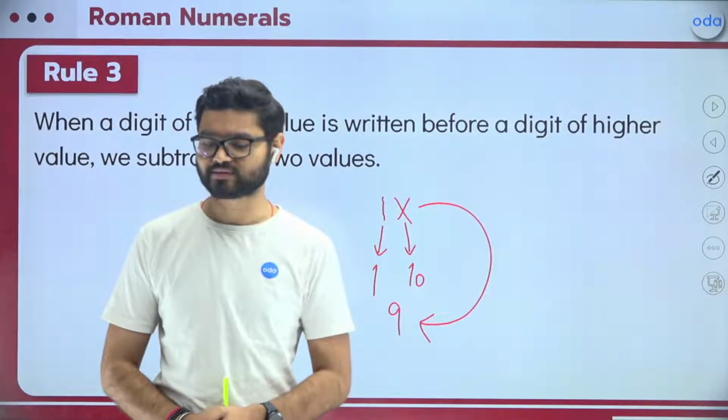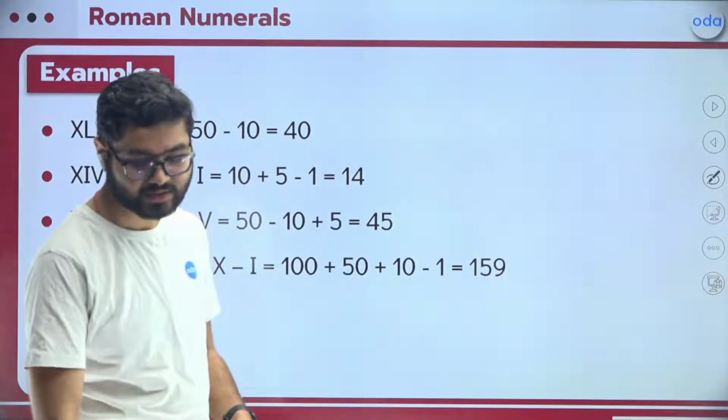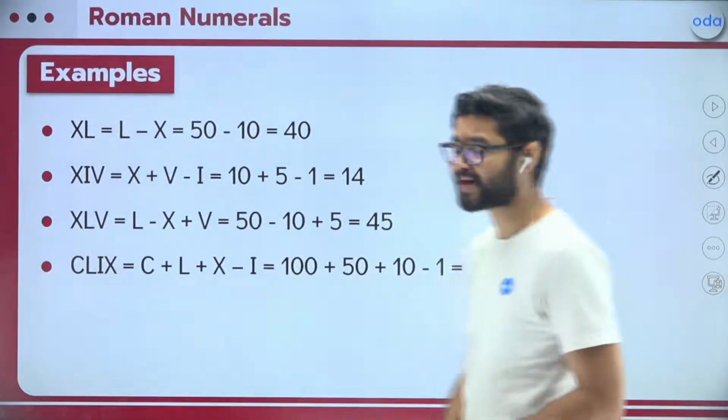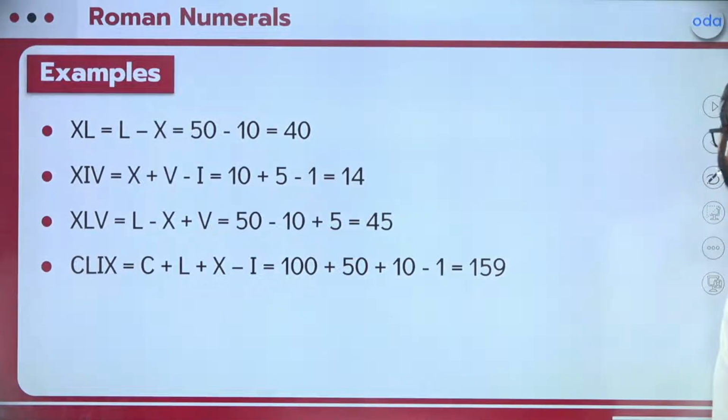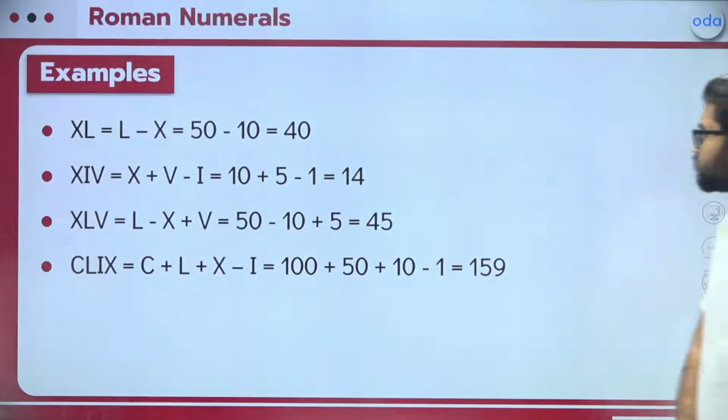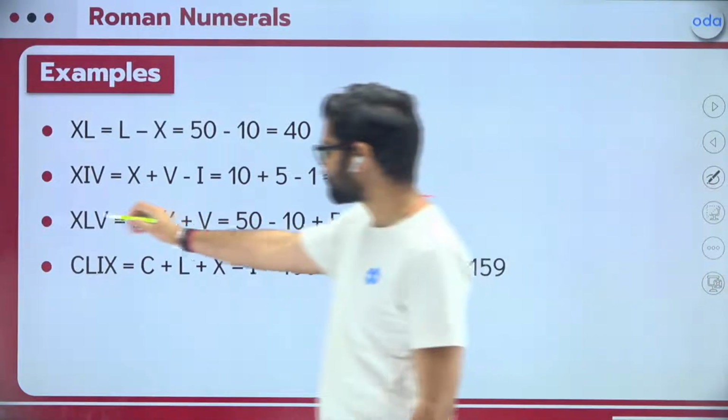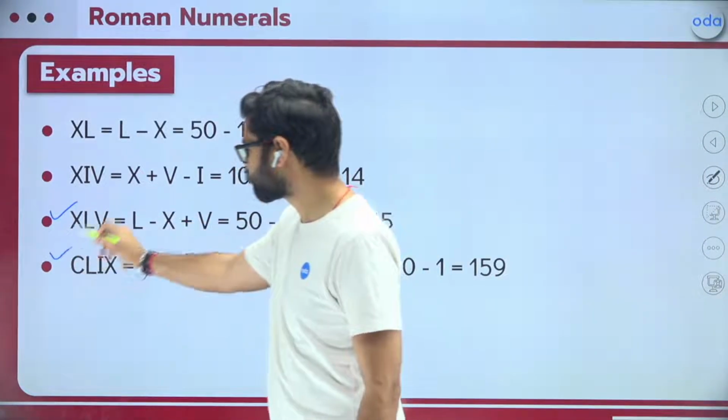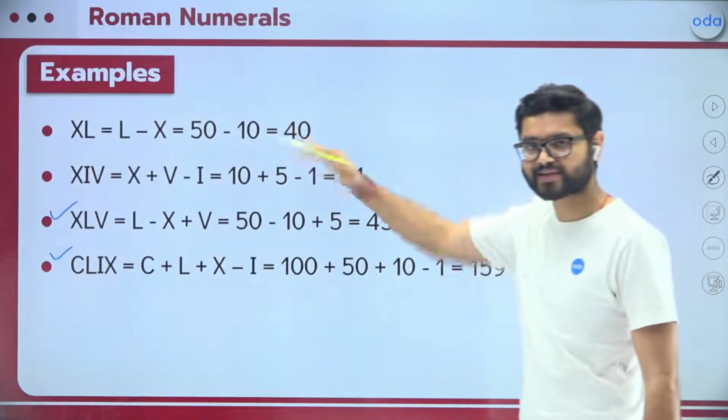Let's take a few more examples so that you can understand this in a better way. Let me take these two examples today. Third one, fourth one; first, second I have done in the last session.